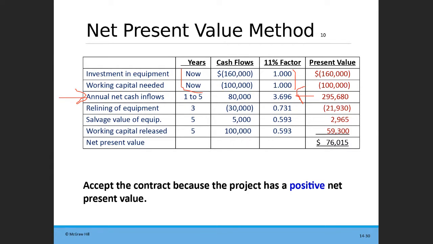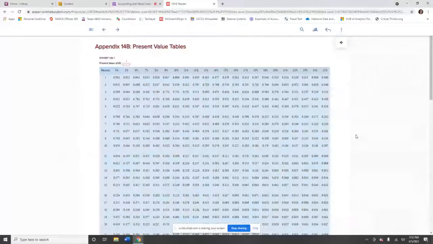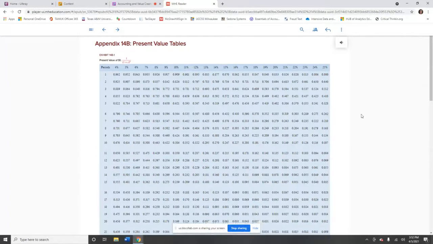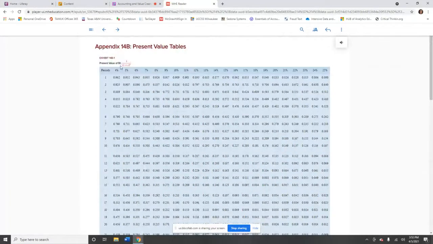I'm just going to share my whole screen here with you, and we'll go look at these charts. I've got my McGraw-Hill ebook here. In your ebook or your real book, if you go to page 687, you will see this present value table. This is present value of $1.